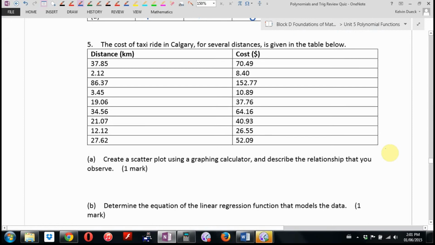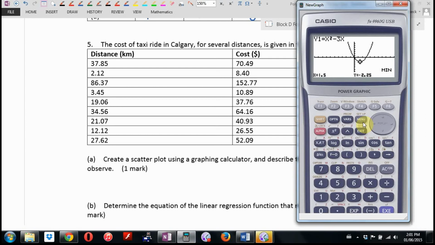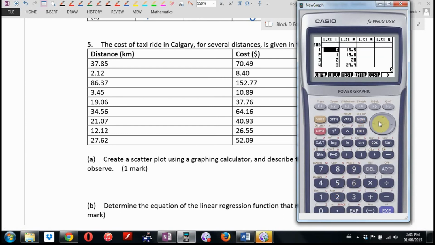The cost of a taxi ride is given in the table below. Create a scatter plot. Okay, lots of typing, but I can do this. Menu, stat, delete all. 37.85, 2.12, 86.37. This is lots of typing.